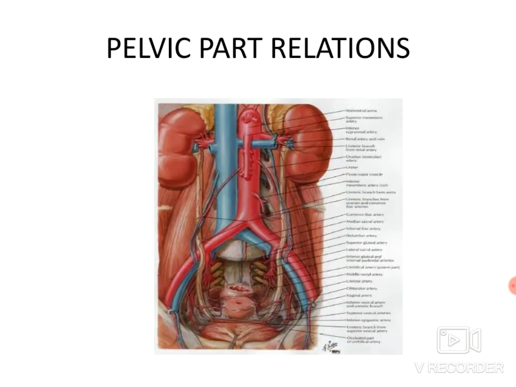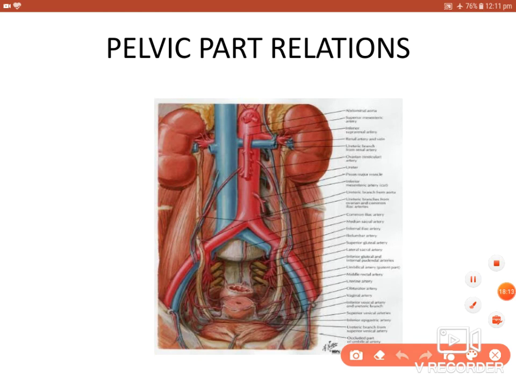Then the relations of the pelvic part of the ureter. Here you can see this is the pelvic brim. It crosses the pelvic brim. The vertical part posteriorly has the internal iliac vessels. Then there is the lumbosacral trunk.